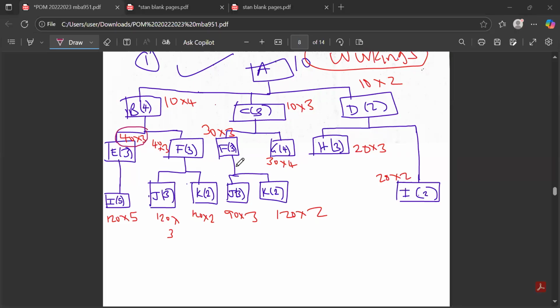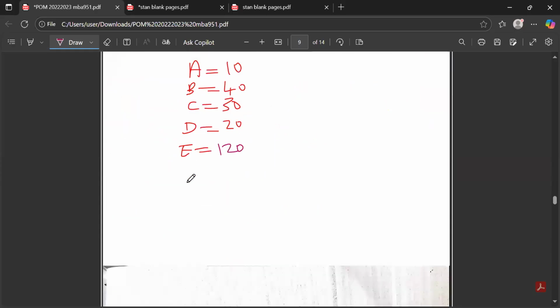Then our F, we need to combine the F's that we have. So F would be 120 plus 90, giving us 210.